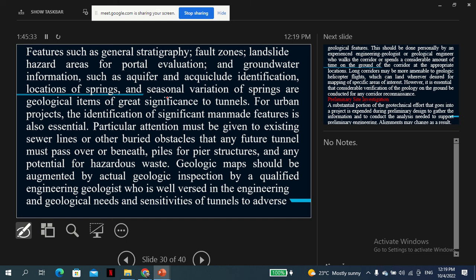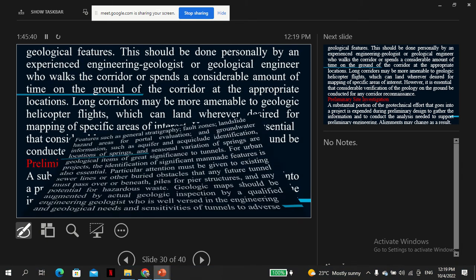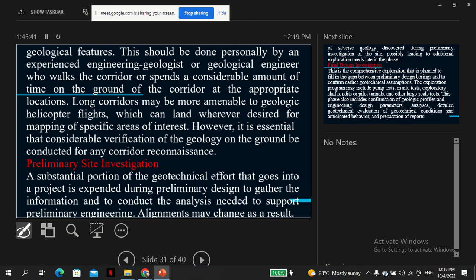So engineering geologists who are well versed with the engineering and geological needs and sensitivities of the tunnels to adverse geological features. This should be done personally by an experienced person, so they cannot be proxy. The experienced person needs to go to the field to see, or geological engineer who walks the corridor or spends considerable amount of time on the ground of the corridor at the appropriate locations.